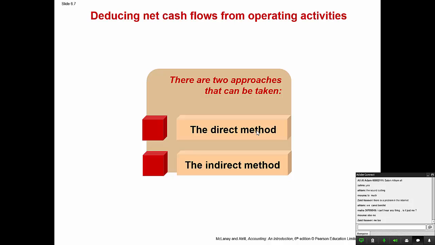Okay, and this is the direct method. It's not complex. It's very easy to get it from the accounting.